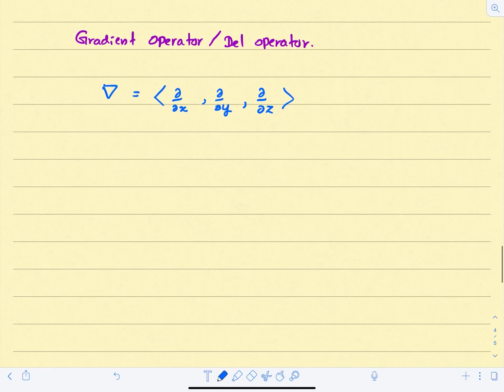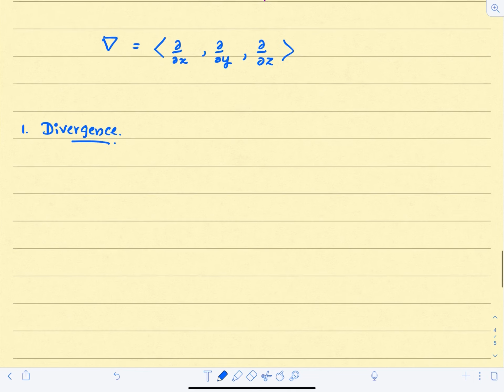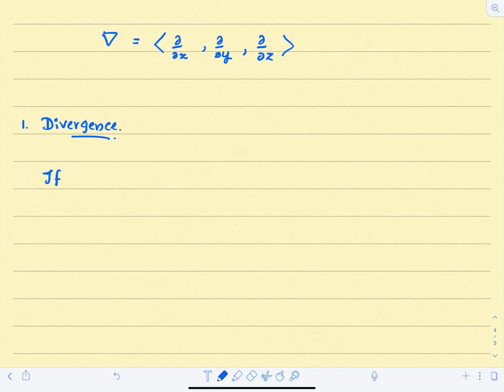Okay, and now we define the divergence of a vector field. First, let's say we have a vector field f with three components, f1, f2 and f3. Now in general, these component functions can be functions of x, y and z.